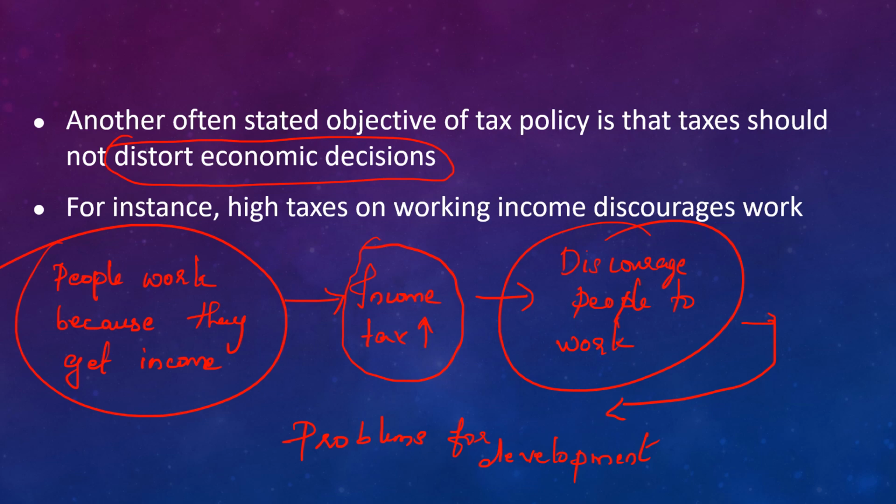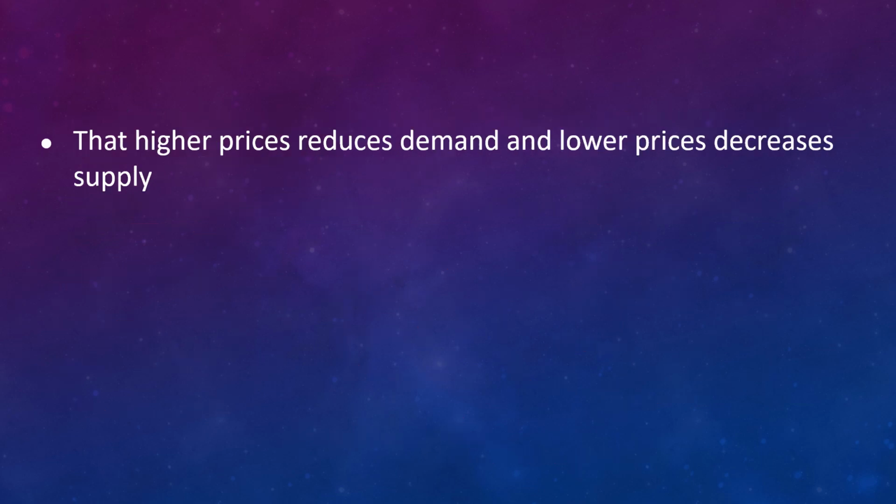So why should I pay a huge amount to the government as a result of my effort? People will have a general tendency to think like that, and this will discourage their working hours, discourage their work, and this will reduce production in the economy, which will ultimately lead to problems for development in the economy. Again, it's a bad impact.